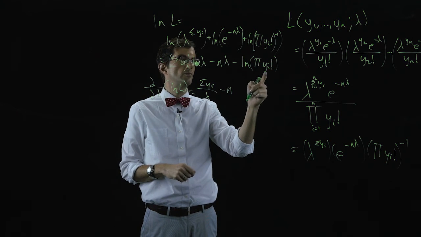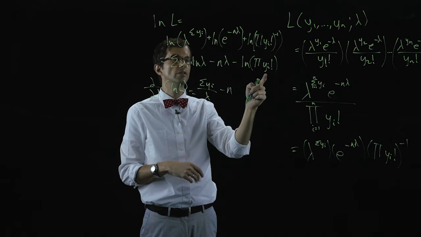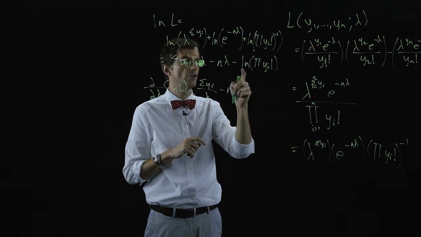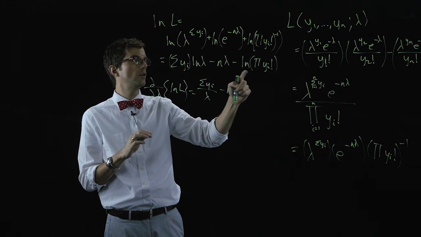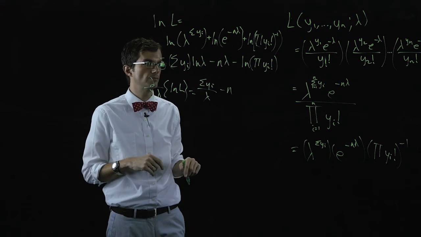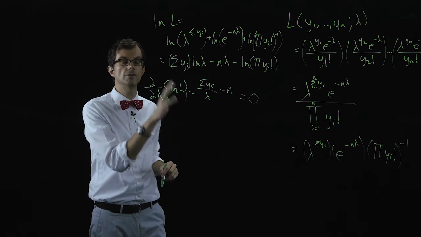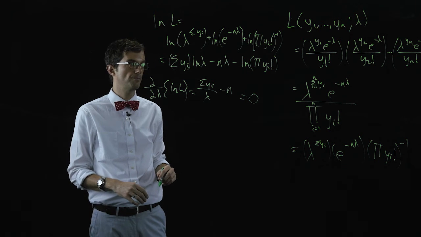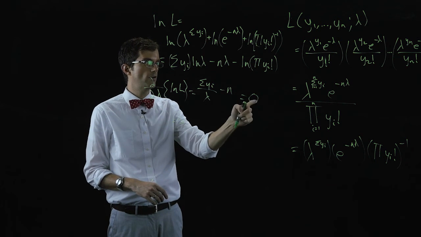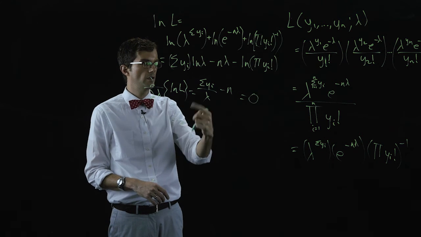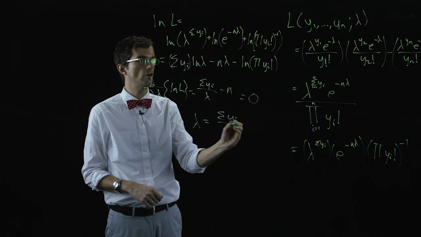The partial derivative of this with respect to lambda is 0, because there's no lambda in here anywhere. So this is our derivative. We set it equal to 0, and we solve for lambda. If we do that, we get the n over here, multiplied by lambda, divide by n. We've got lambda is equal to the sum of y sub i's over n.